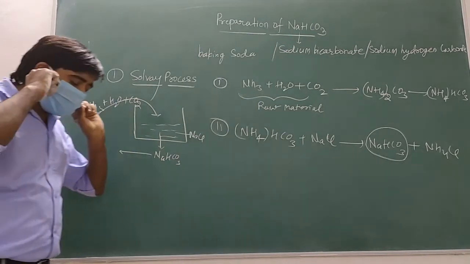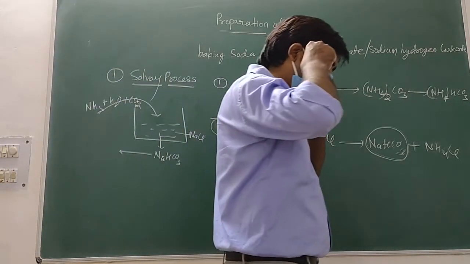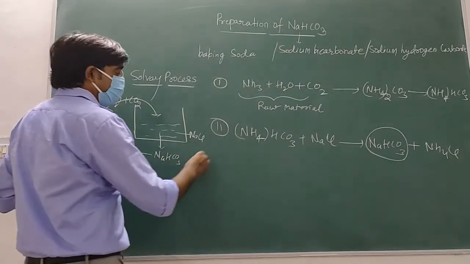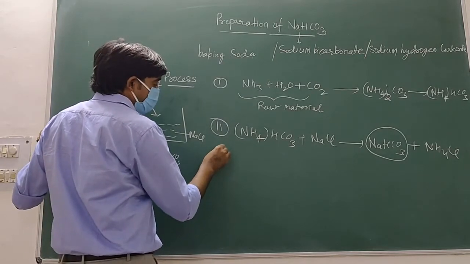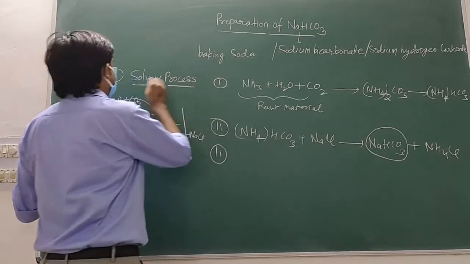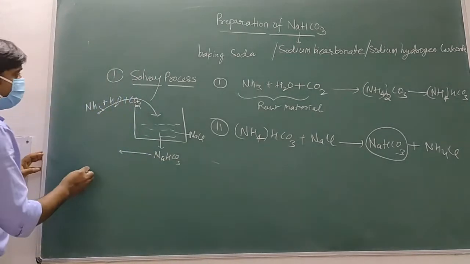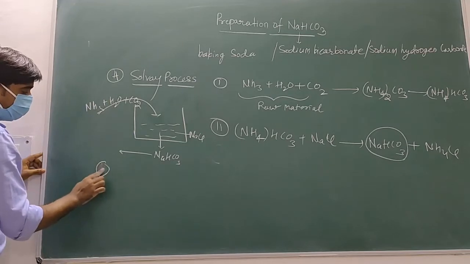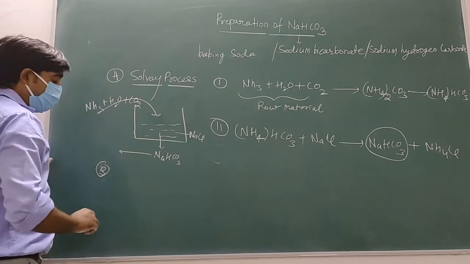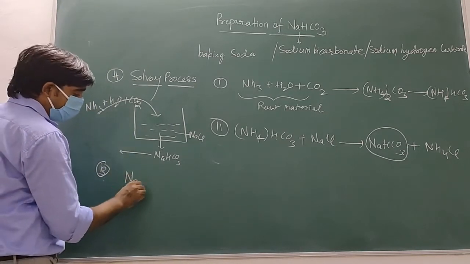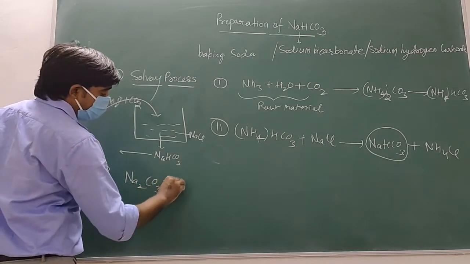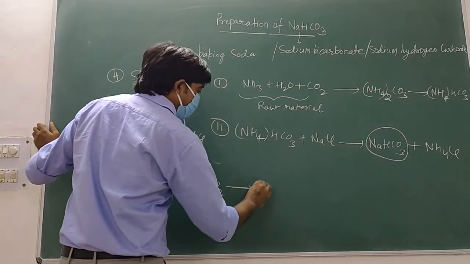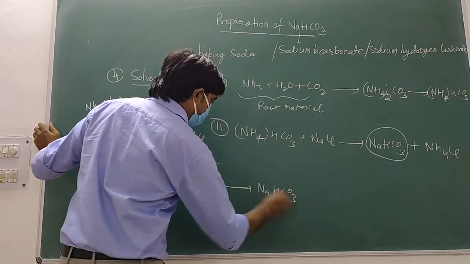Another synthesis method of sodium bicarbonate, this one being the first and this one the second, is when sodium carbonate, Na2CO3, reacts with H2O in the presence of carbon dioxide, then it forms NaHCO3.